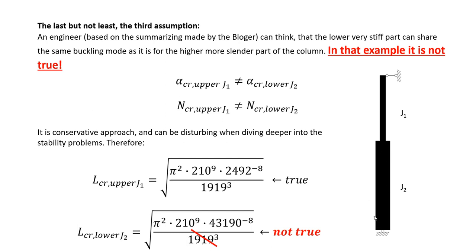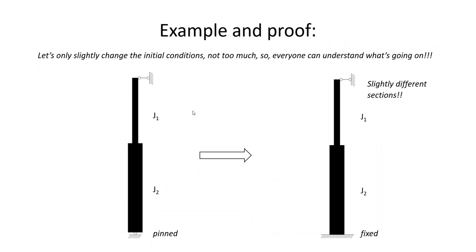It will be proved in a moment. So it is a conservative approach and can be disturbing when an engineer tries to dive a little deeper into stability problems. Now, example and proof. To prove it, I have slightly changed the initial conditions.